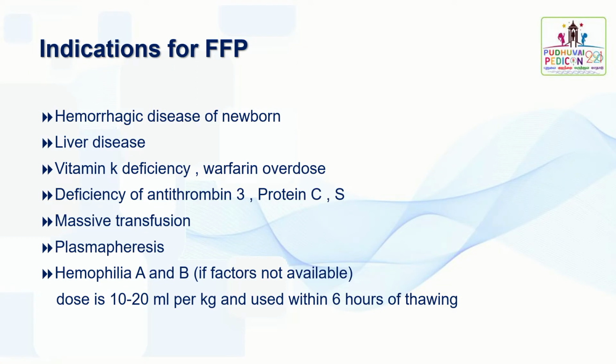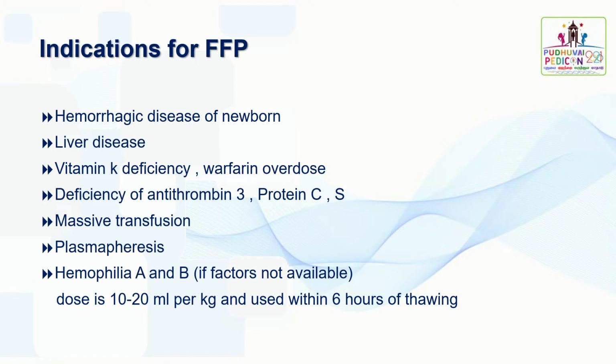Coming on to the indications, commonly we use it for hemorrhagic disease of the newborn, liver disease, acute liver cell failure and chronic decompensated liver disease, vitamin K deficiency, warfarin overdose, deficiency of antithrombin 3, and deficiency of protein C and protein S. Whenever there is a massive transfusion with packed cells, you have to supplement with FFP also, especially for severe blood loss.